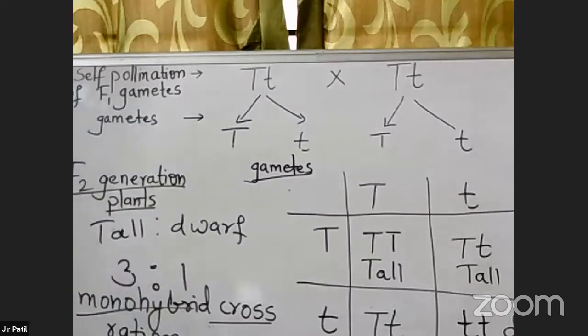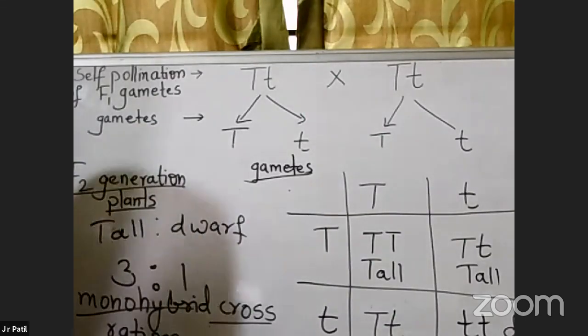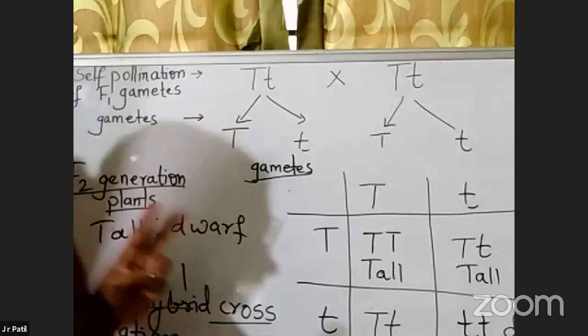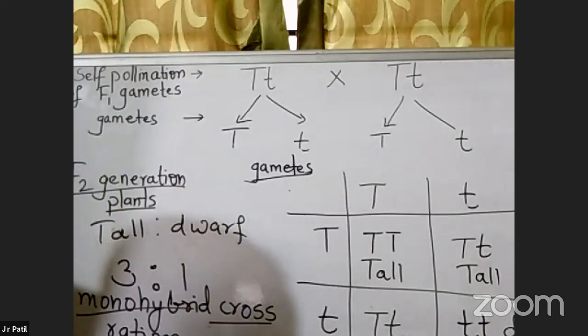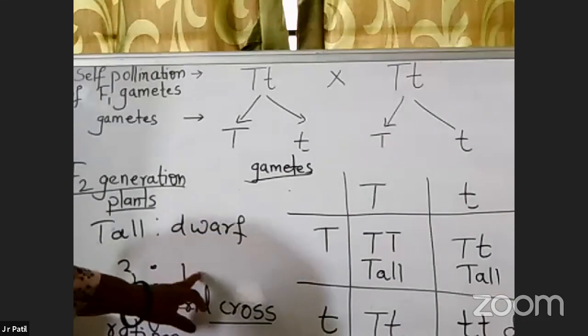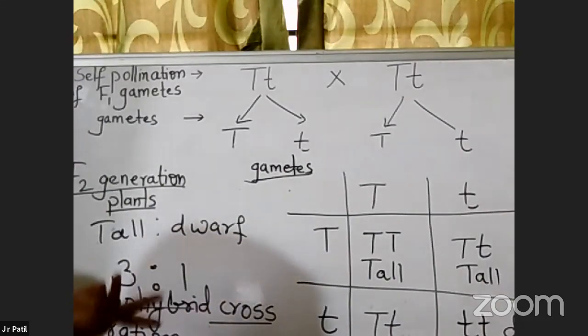Suppose 2 dwarf plants are there. How many tall plants will be there? For 1 dwarf there are 3 tall; for 2 dwarf, 2 times 3 is 6.